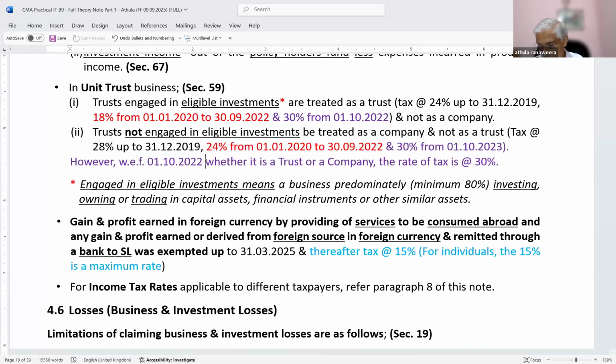When it comes to investment, you have room to argue that it is a capital gain. It is a capital asset. When we see the definition of capital asset, this is a financial asset. As a result, it is an investment capital gain, and you can argue your tax rate is only 10%.